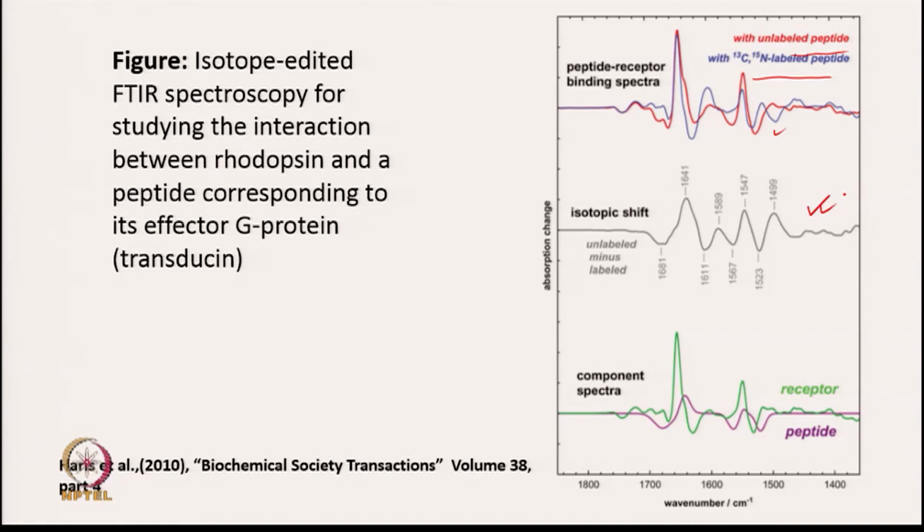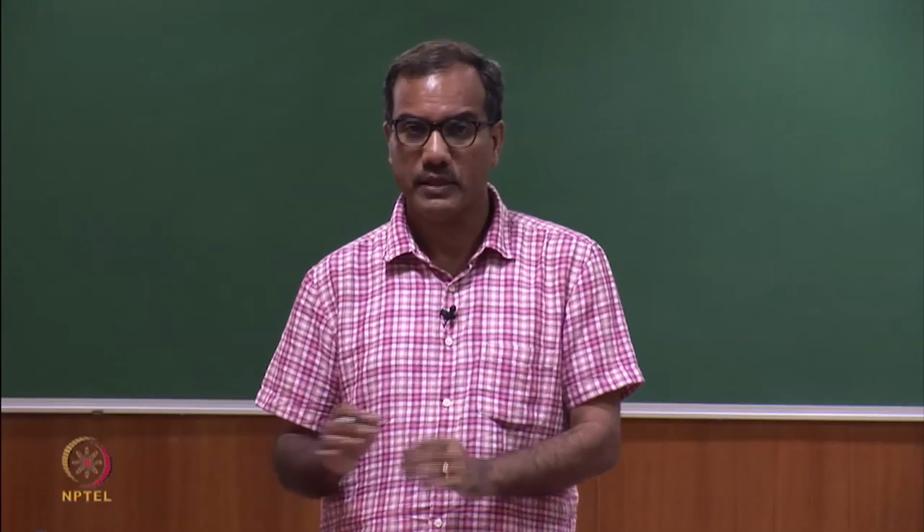And then you can do component analysis. This is the FTIR spectrum, the green one is the FTIR spectrum of receptor in presence of peptide, and this purple one is the FTIR of peptide in presence of receptor.